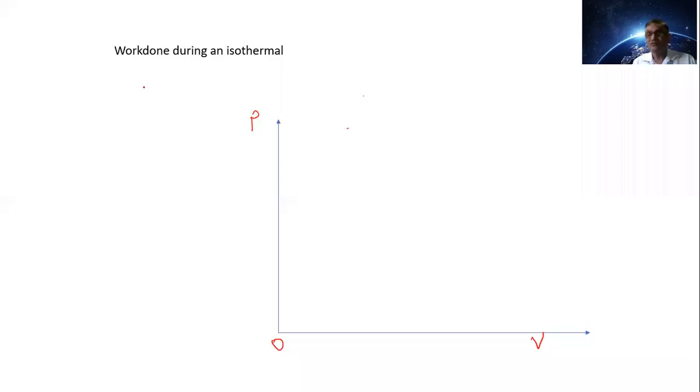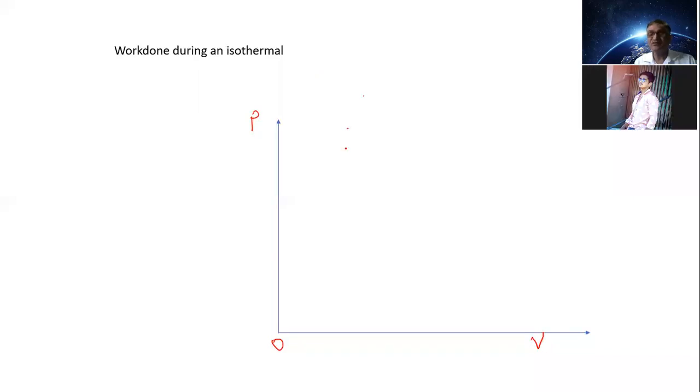Now let us see about the work done during an isothermal change. Now let us consider the indicator diagram. Indicator diagram means the graph of pressure against volume. The gas changes its state from the initial value A (P1, V1) to the final value B (P2, V2).